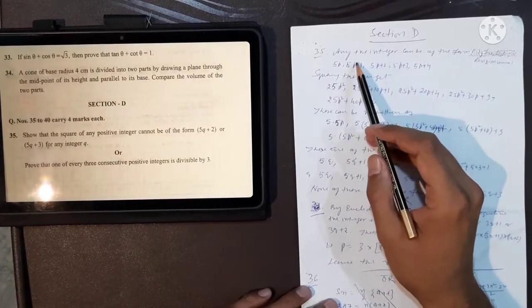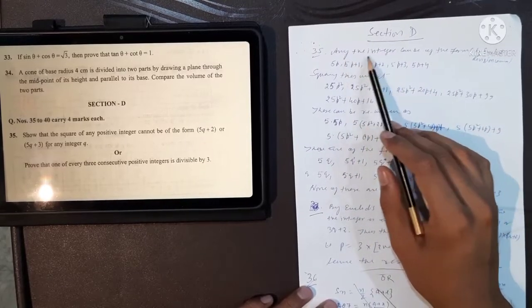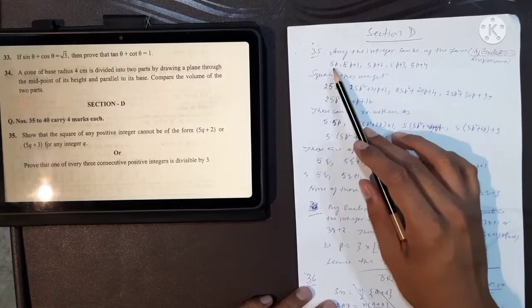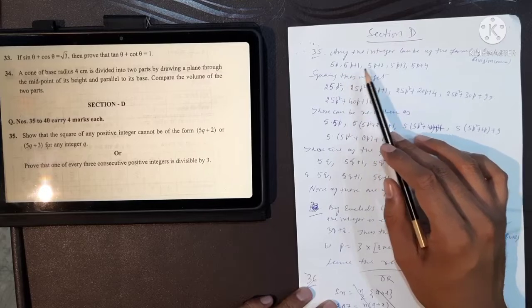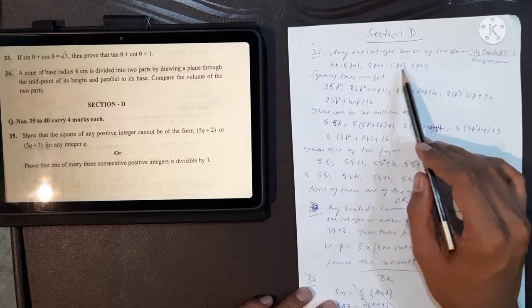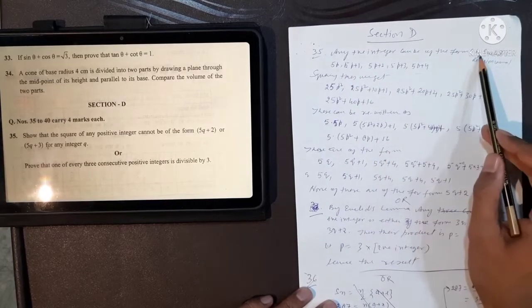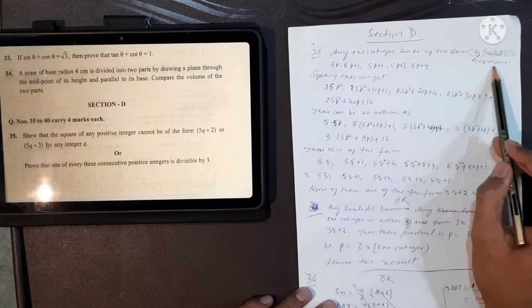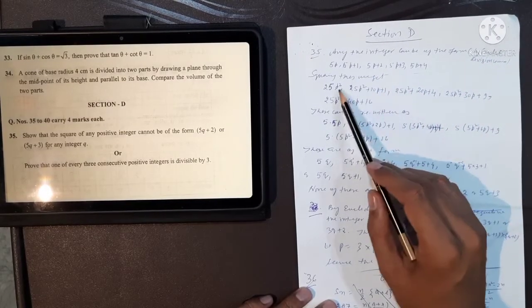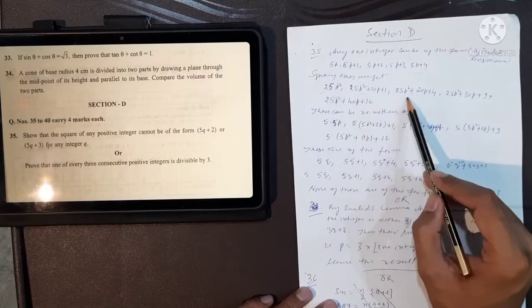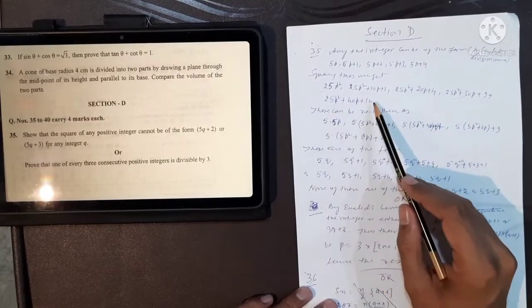For question number 35, any positive integer can be of the form 5p, 5p plus 1, 5p plus 2, 5p plus 3, or 5p plus 4 by Euclid's division lemma, and upon squaring we get these as their squares.